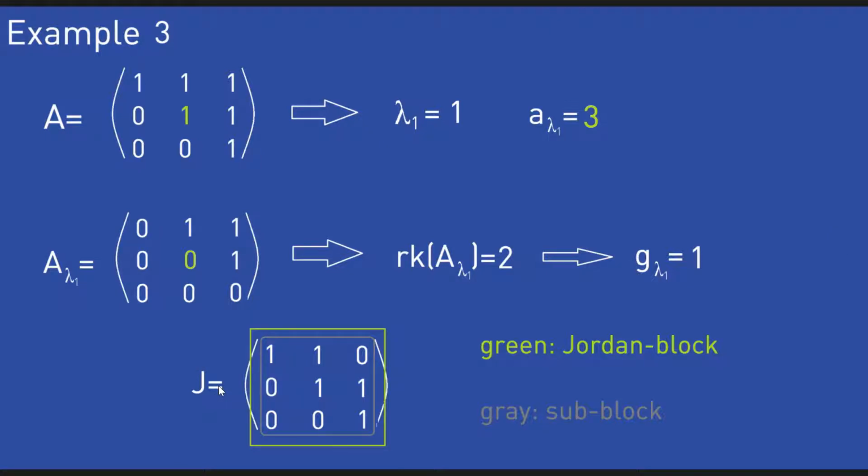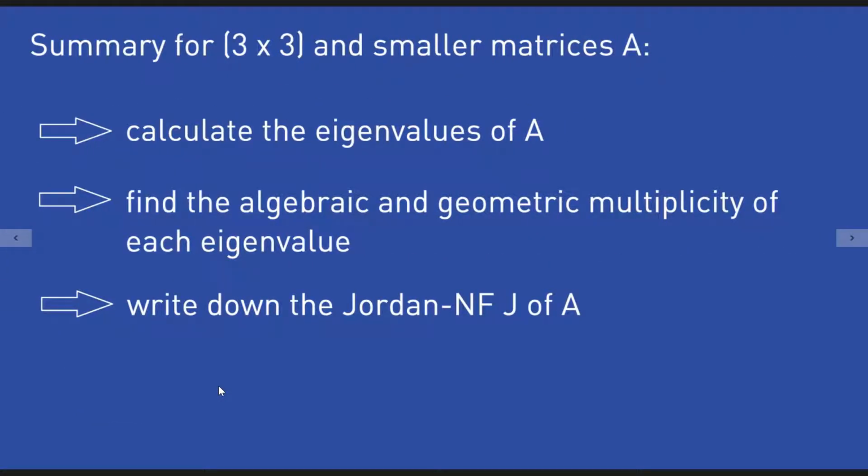Let's summarize the results again for 3 times 3 and smaller matrices A. The first thing you always have to do to find the Jordan normal form is to calculate the eigenvalues of the matrix A. When you have found these eigenvalues, you have to find the algebraic and geometric multiplicity of each of the eigenvalues.